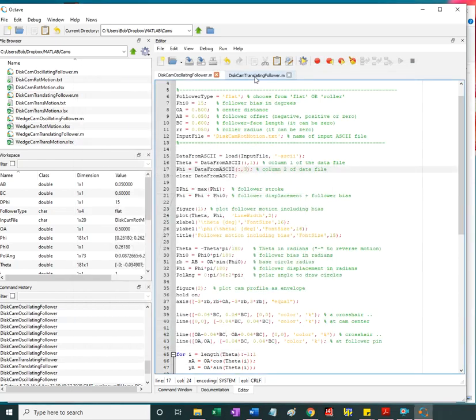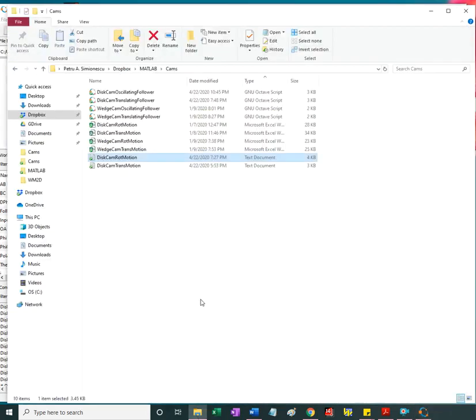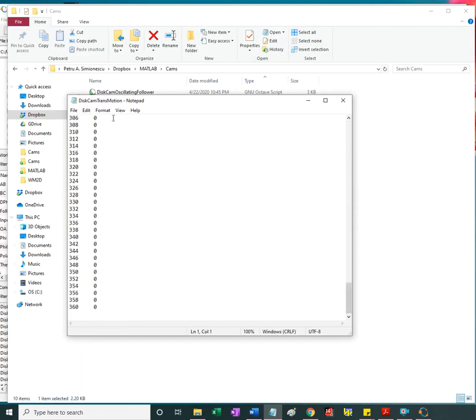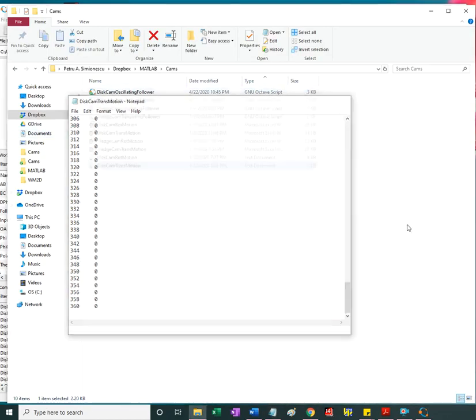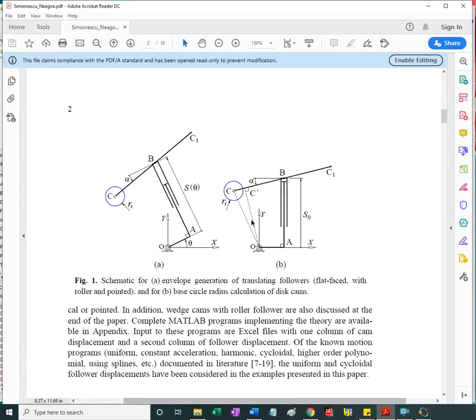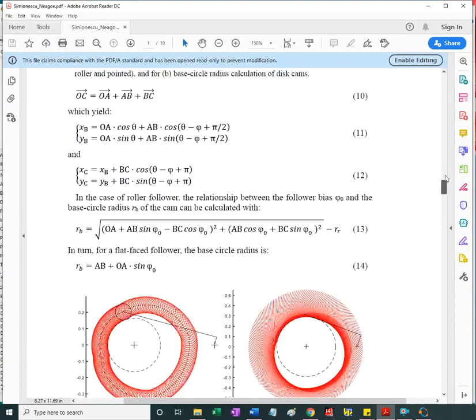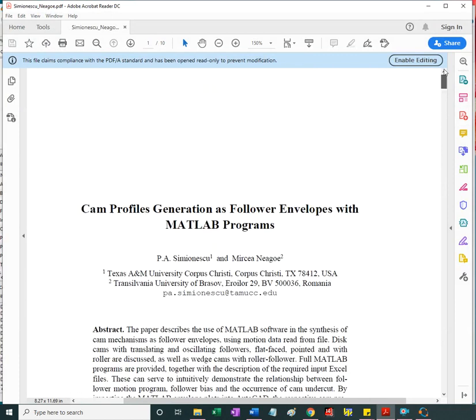Okay, and then going here for this other case, I have just 2 columns, so theta and follower displacement. Again, they come from Excel, and they were exported to ASCII. In the paper that I'm going to provide you with, if you have access to MATLAB, feel free to use the MATLAB code and directly Excel.